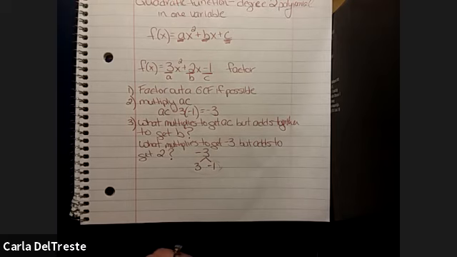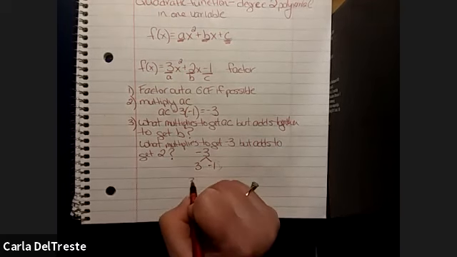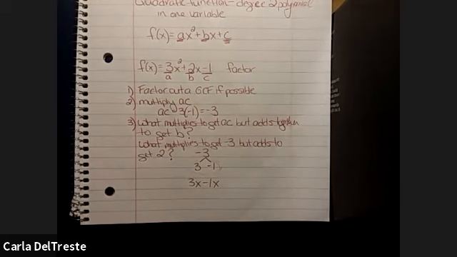So I'm going to show you factoring by grouping first. This means that 3x minus 1x will give me my 2x. That gets me my middle term, which is what I want.